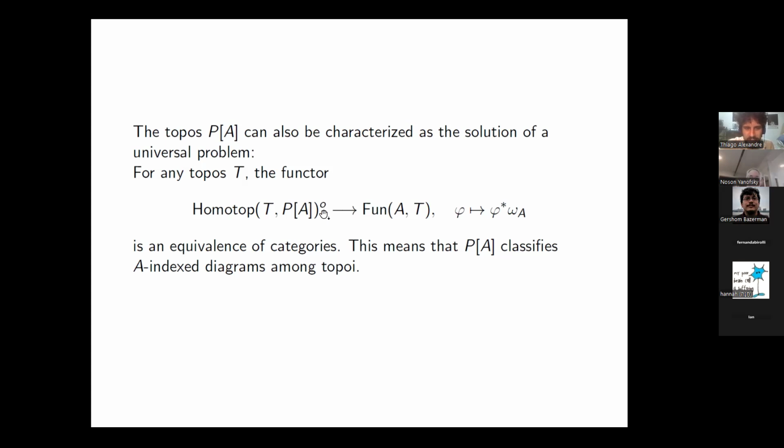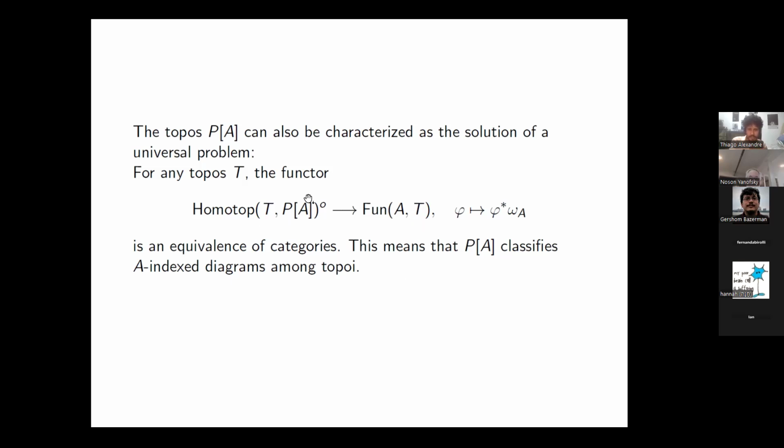Just to mention, normally people don't dualize here. I just have to dualize because of the warning I gave at the beginning. That's the meaning of this construction of the free topos. It's a very important construction, which is why I'm already telling it here, because it classifies A-indexed diagrams among topoi.